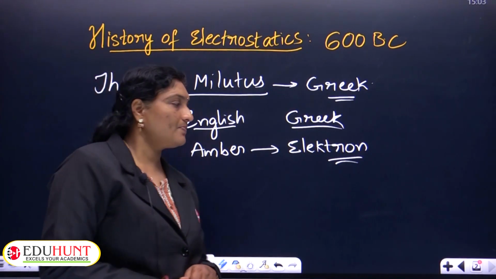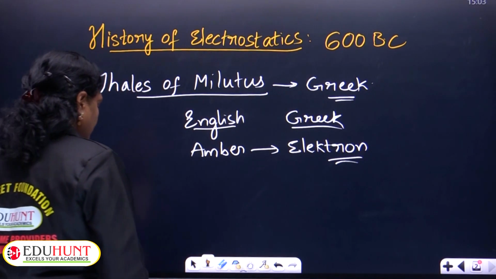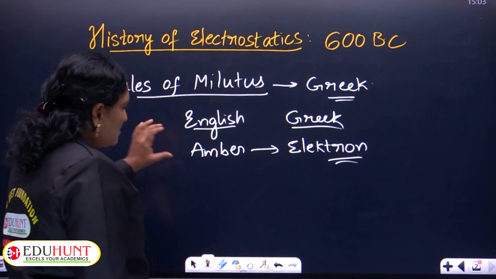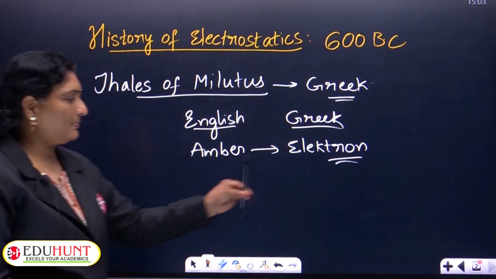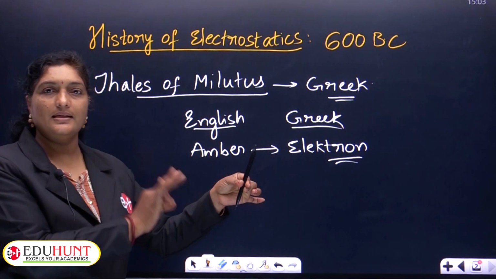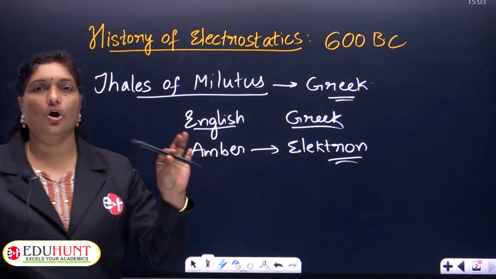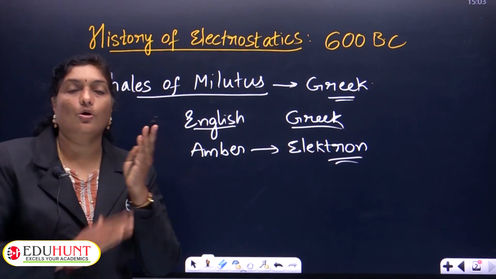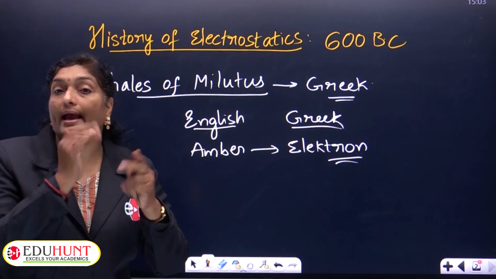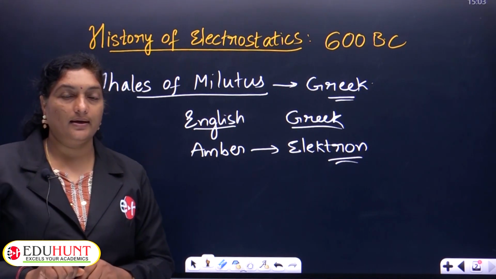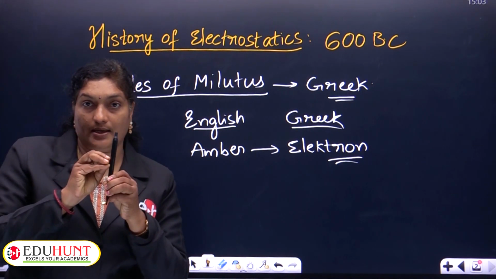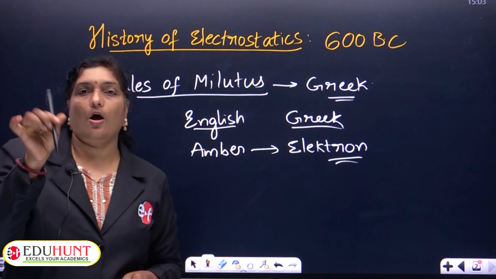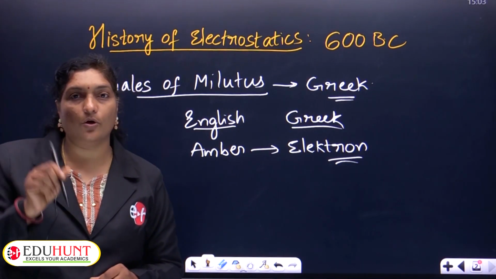Is that clear, children? So, moving back, what they observed is that, in general, every object is electrically neutral. But when an object is rubbed with another object, they saw that the neutrality of the object changes.